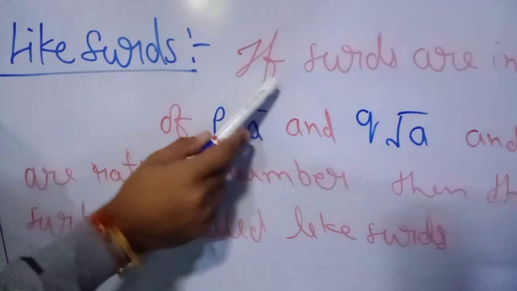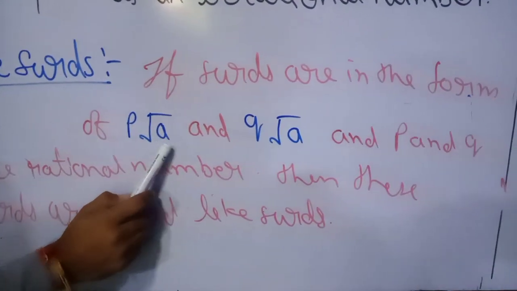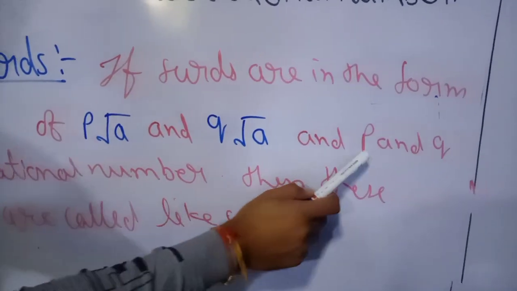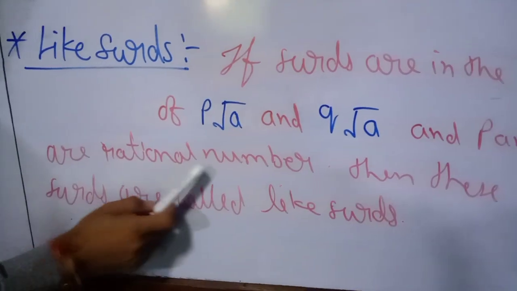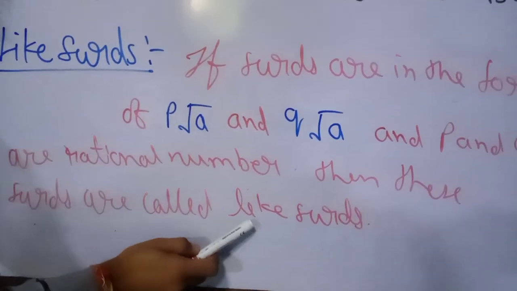Once again, if surds are in the form of P root A and Q root A and P and Q are rational numbers, then these surds are called like surds.